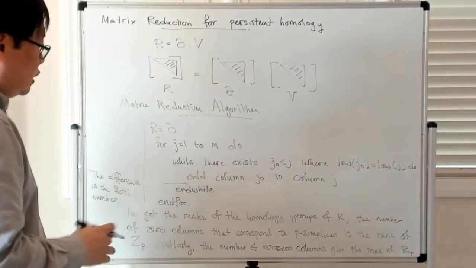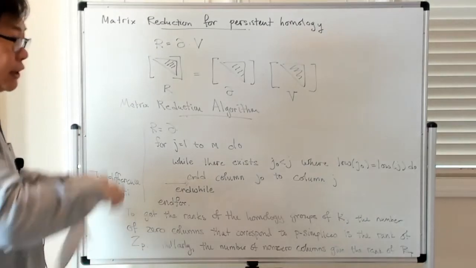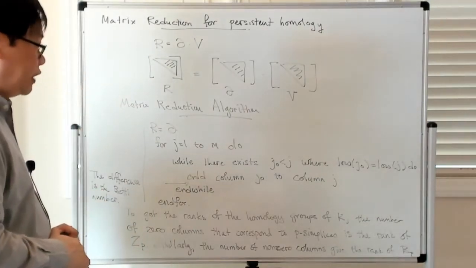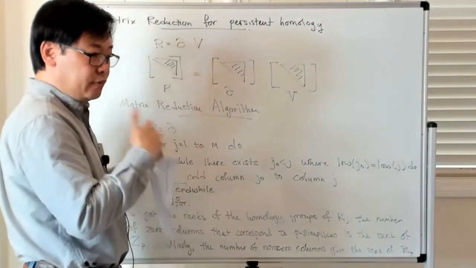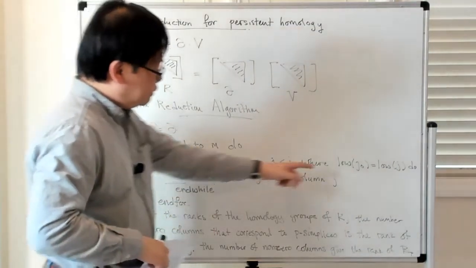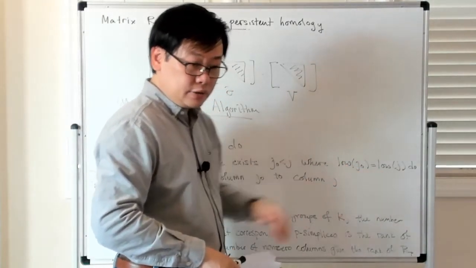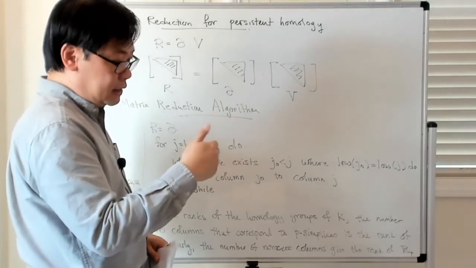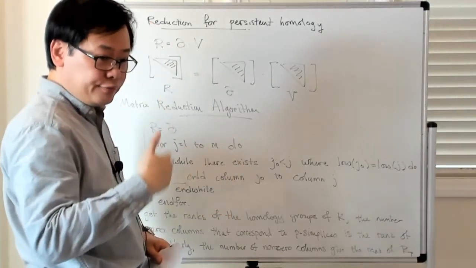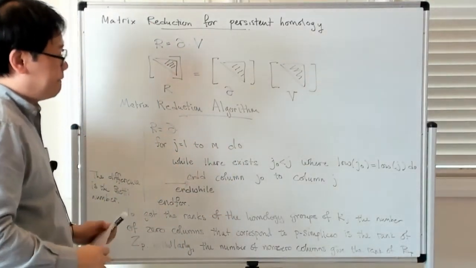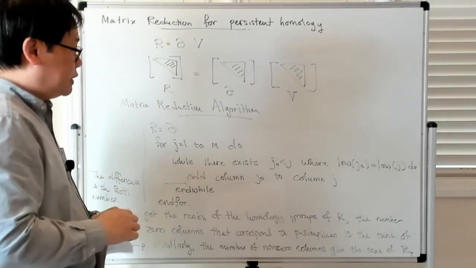So that tells you how you can construct this matrix, which encodes the entire boundary operation at all dimensions, and that you have a matrix reduction algorithm which operates on all dimensions at once. But because of this property that you only get non-zero entries in the same row if the associated columns correspond to simplices of the same dimension, these column operations respect this grading of the simplices by dimension.